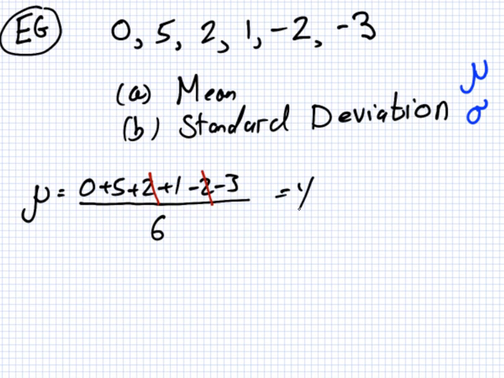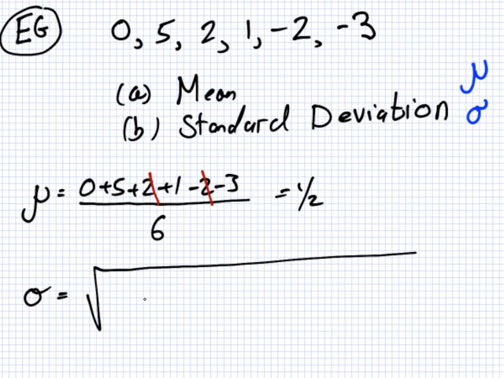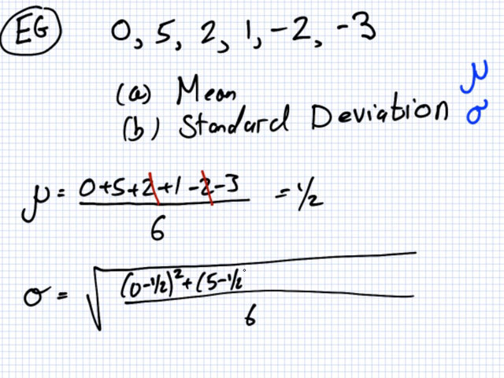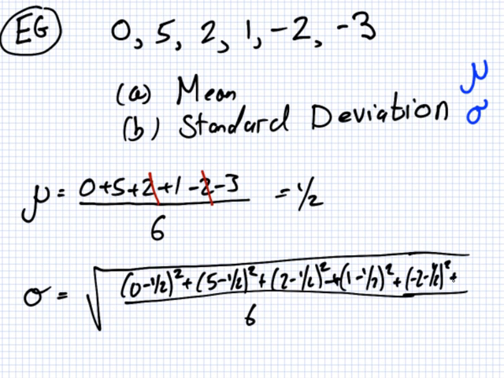So now the standard deviation will be the square root of: 0 minus a half squared, plus 5 minus a half squared, plus 2 minus a half squared, plus 1 minus a half squared, plus minus 2 minus a half squared, plus minus 3 minus a half squared.